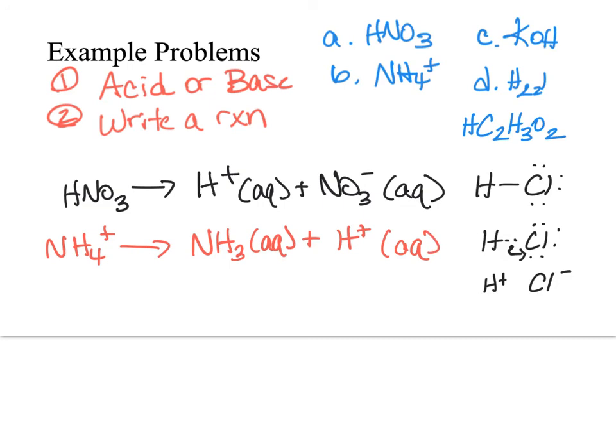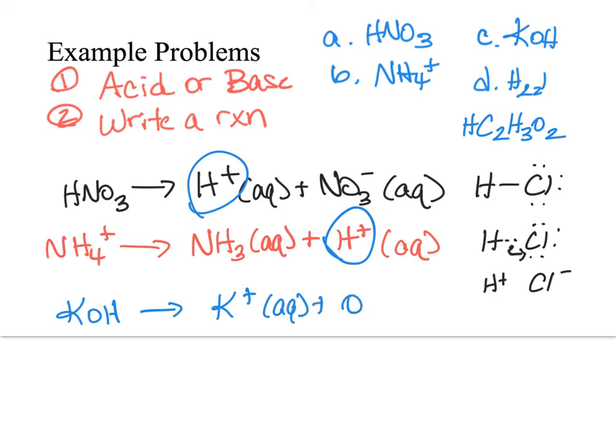We know if it's an acid that hydronium is always going to be one of the products, because that is the definition. All right, the next one, potassium hydroxide reacts as a base. So we're just going to separate that into the components, potassium plus hydroxide. It makes hydroxide in solution.